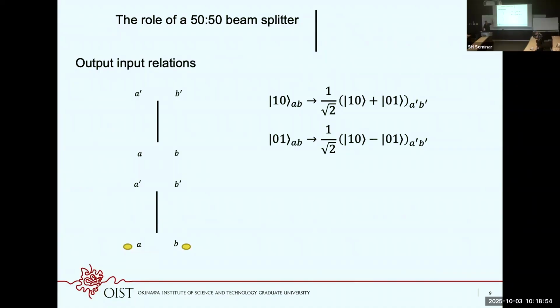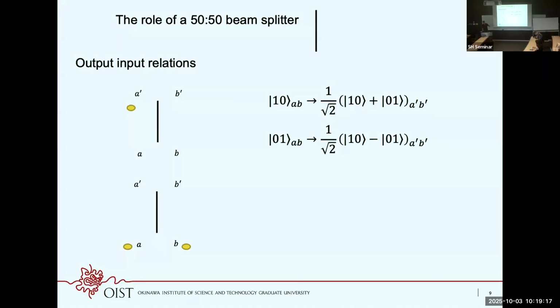We have a 50-50 beam splitter, a specific type of beam splitter, which is basically a mirror. When you send a photon, for example, in this mode A, the photon could be transmitted or it could be reflected, and 1, 0 will be transformed like that, with 50% probability in one mode and 50% in the other.